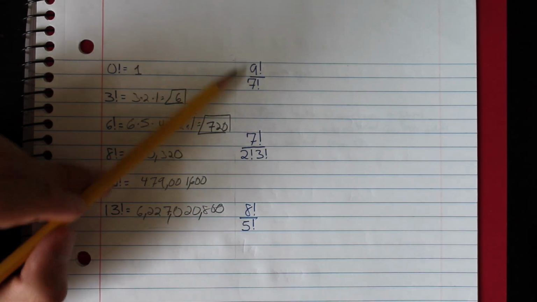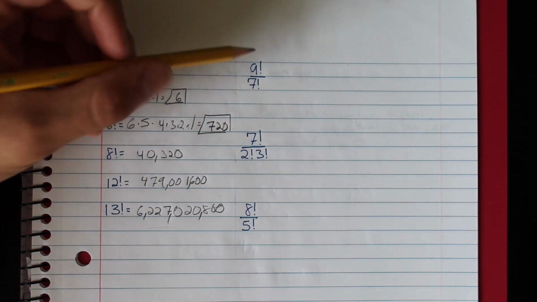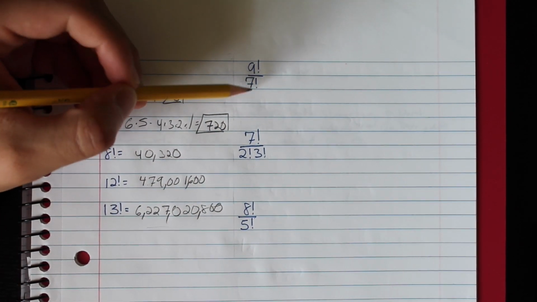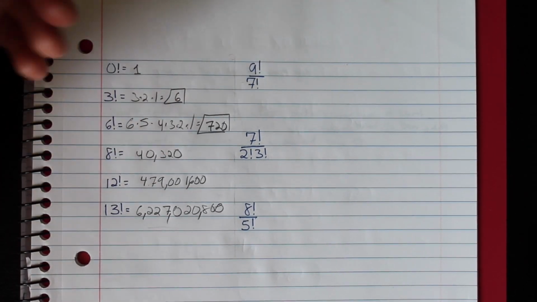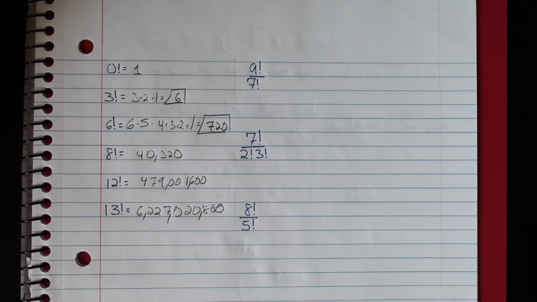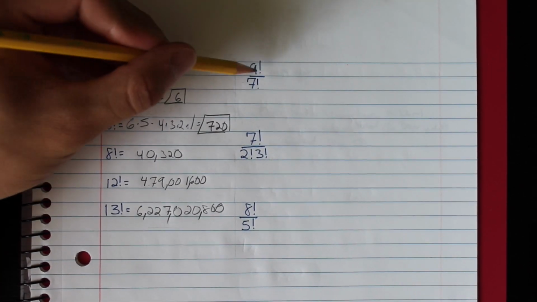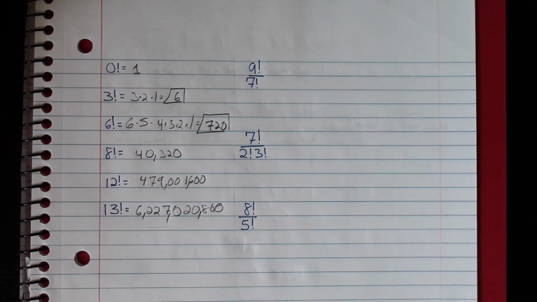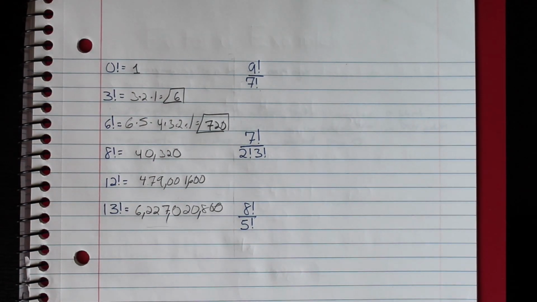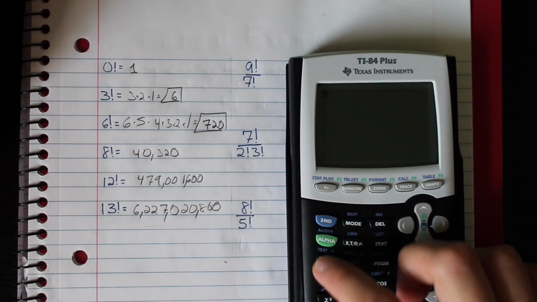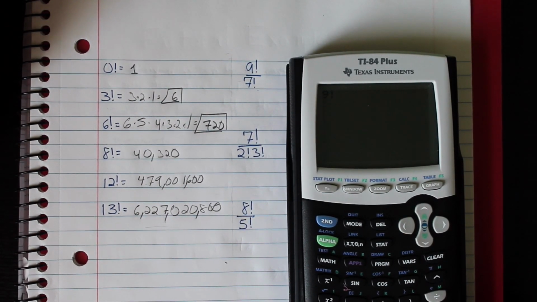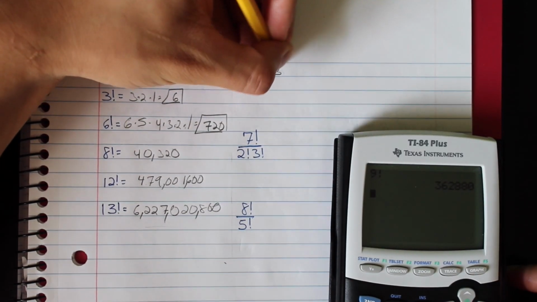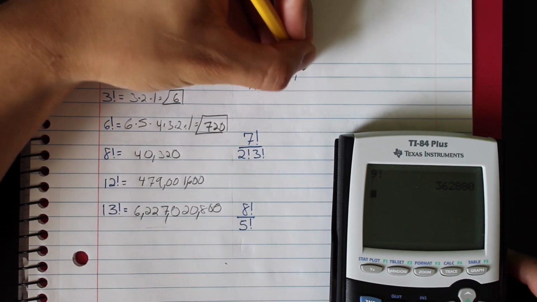All right, so let's move on to something that might seem a little bit more complicated. So this one we have 9 factorial over 7 factorial. Now that's a division problem, so that's really not that hard. The only thing we do is get the product of that and the product of that, and then we divide it, just like we do with everything. So let's do that right now. I'm going to type in my calculator 9 factorial, and that should give me this number.